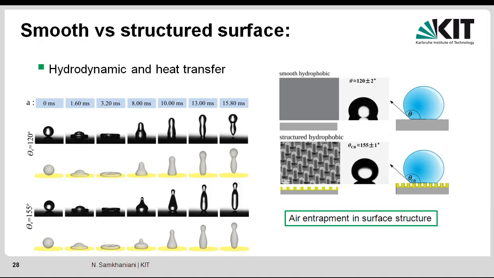So it acts like insulation and reduces the heat flux, so we cannot get this reduction in heat flux accurately. So after that, we just consider the smooth hydrophobic surfaces for the heat transfer part, not structured hydrophobic.